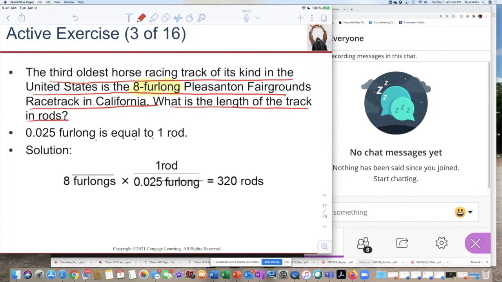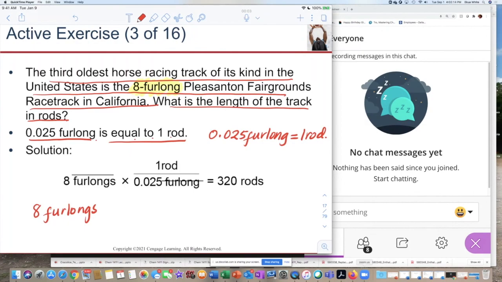So then they tell you 0.025 furlong is equal to 1 rod. So they essentially told you 0.025 furlong is equal to 1 rod. And they want you to go from 8 furlongs and convert this to rod.